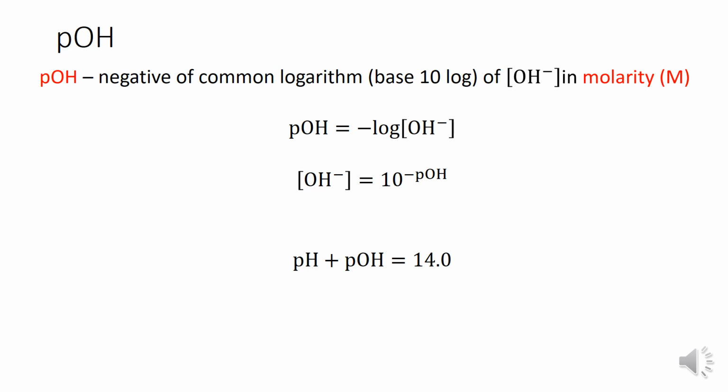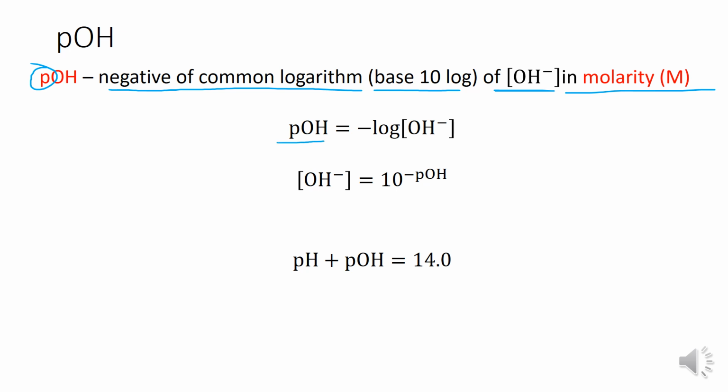Now let's discuss the opposite of pH, which is pOH. As in the case of pH, the small letter p represents the negative of the common logarithm, or the negative of the base 10 logarithm, of this time the hydroxide ion concentration, but that concentration should still be in molarity. So we have a pOH.